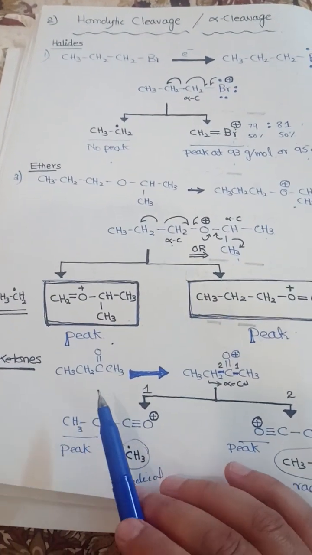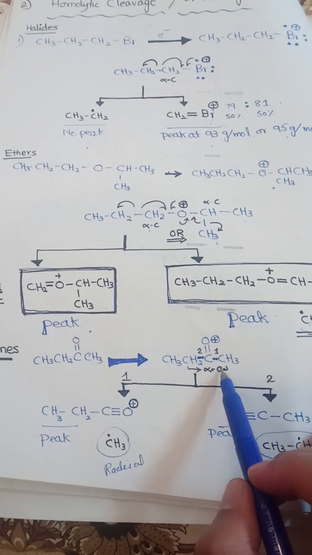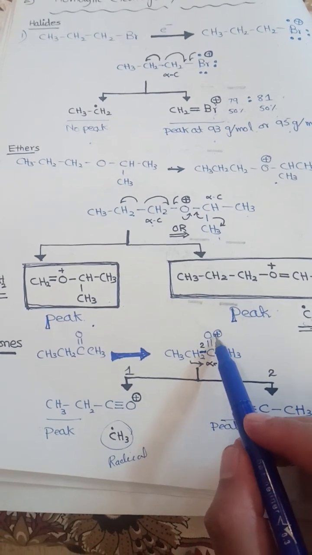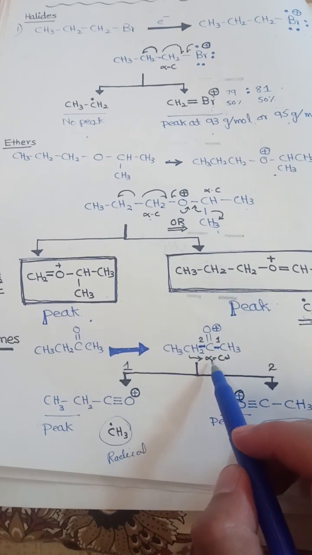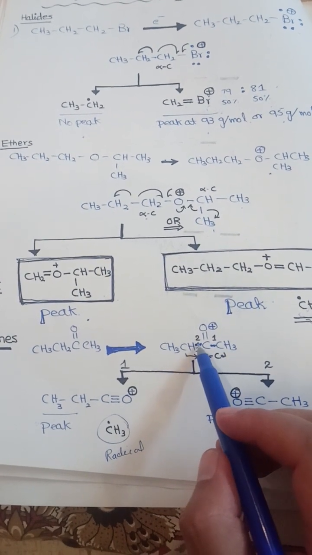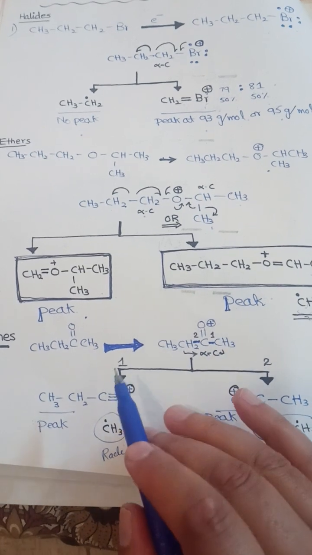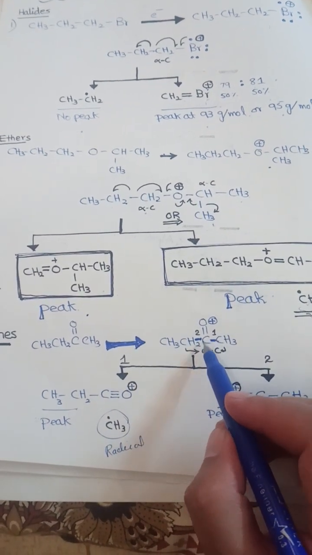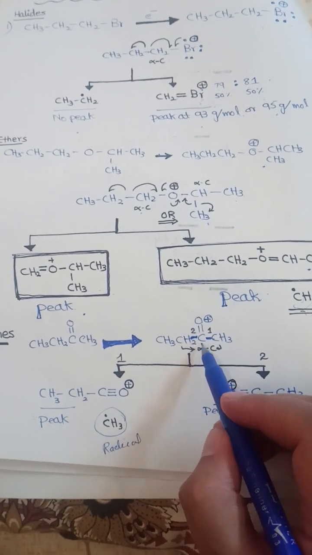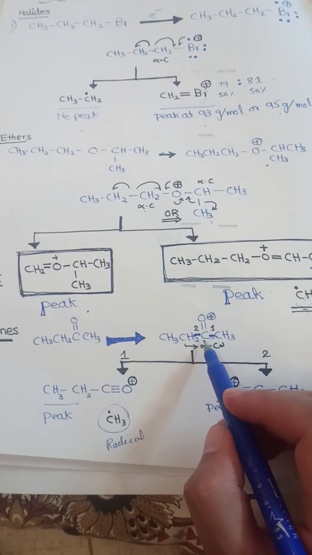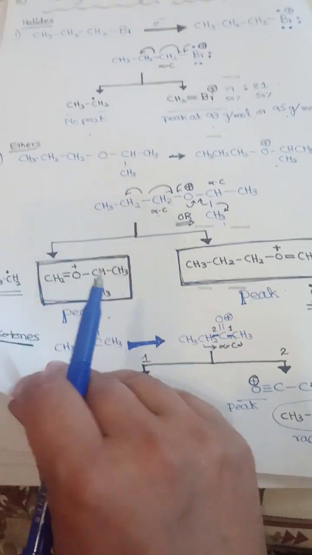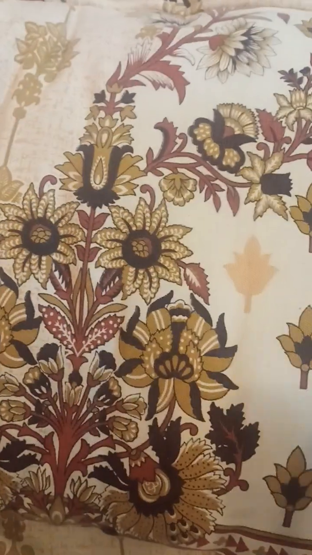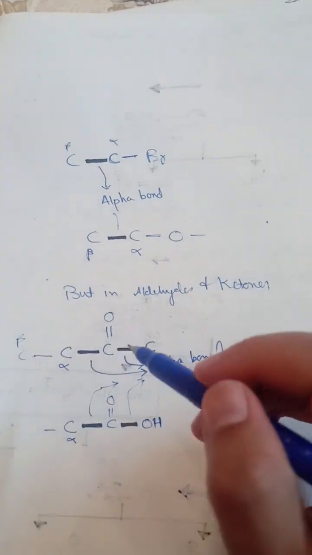In ketones, when we get a molecular ion peak, we get a positively charged oxygen, and in this case we get alpha cleavage either from this end or this end. So in this case this will be the alpha bond. This is the alpha bond because it is present between carbon and carbon. Although it is the alpha carbon here, I am going to show you that the alpha bond is different in halogens and carbonyl groups.